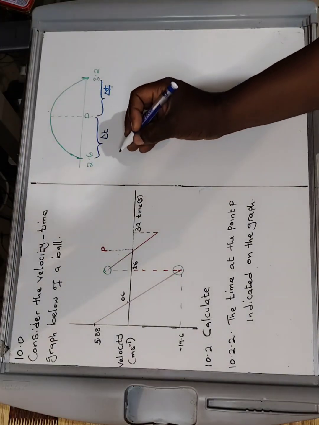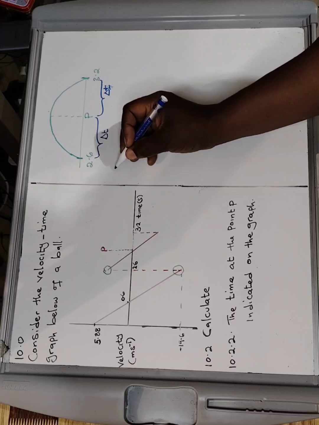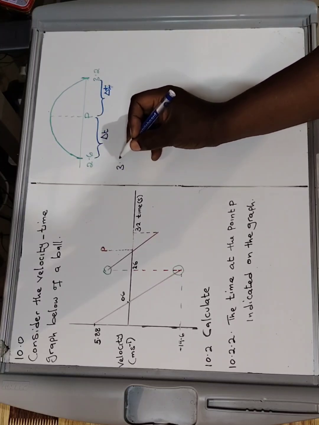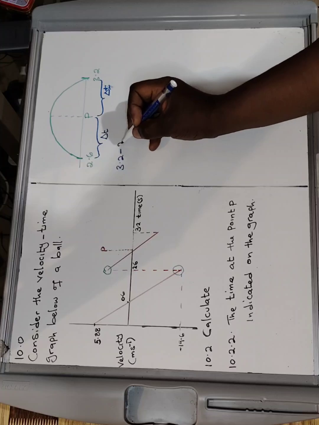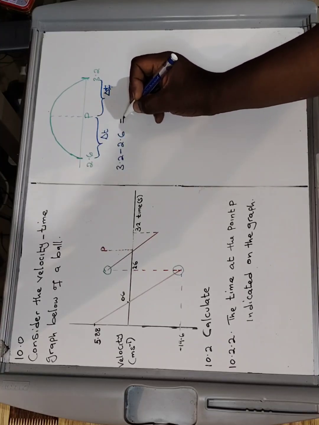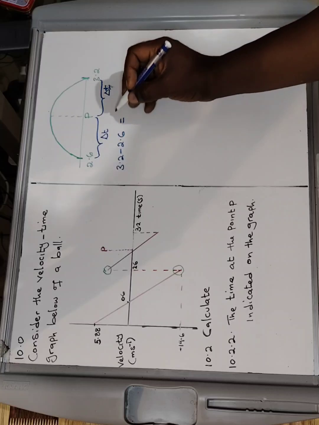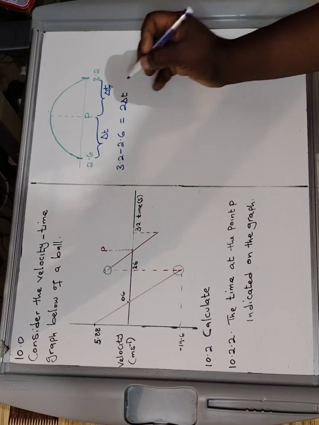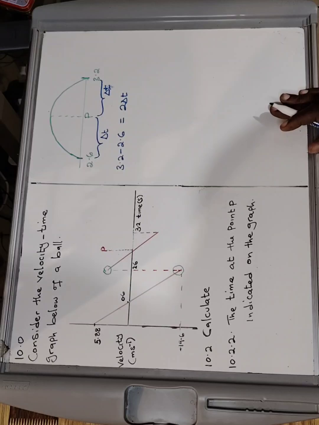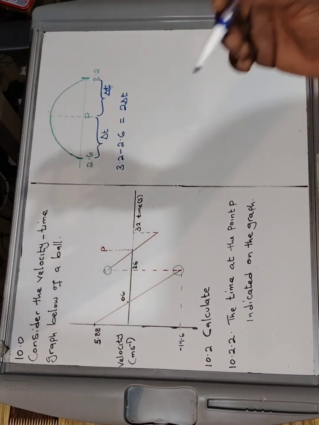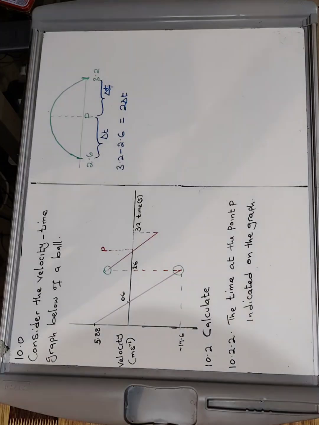What we say is that if you get the difference in this time, which is 3.2 minus 2.6, that difference is going to be equal to 2 delta t. We want to find this time range. So what do we get from there?